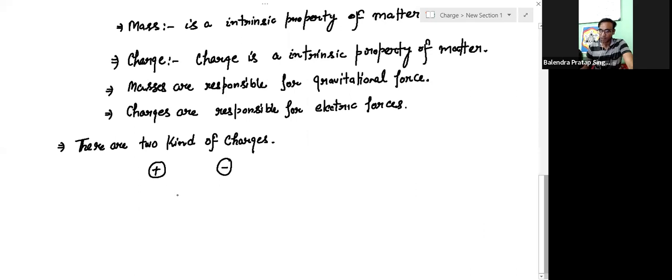The example of a particle which has positive charge is a proton.